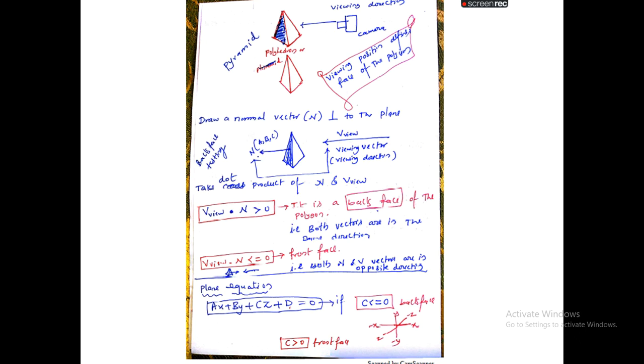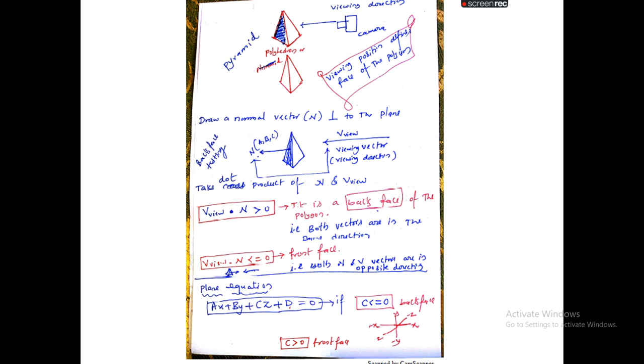What I am telling is, based on the position of the observer, we need to decide which are the front faces and which are the back faces. Now, in the case of the back face detection algorithm, we need to determine which face of the polygon is the back face and which face of the polygon is the front face.